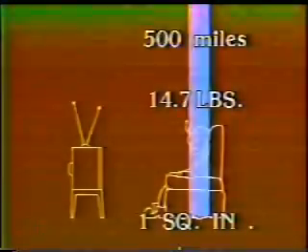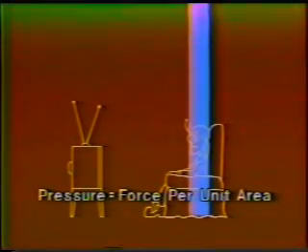The weight of a column of air 500 miles high and 1 square inch in area is about 14.7 pounds. This is atmospheric pressure. Pressure is defined as a force per unit area and is usually measured in pounds per square inch.